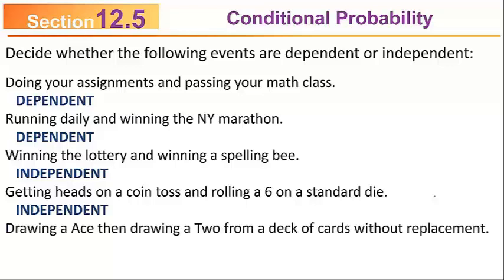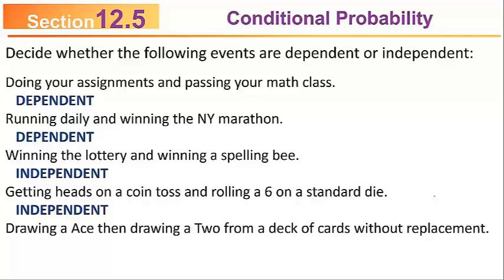How about this? Drawing an ace, then drawing a 2 from a deck of cards without replacement. Now think about this. If you draw an ace out, you don't replace it, and then you draw a 2, that does affect the probability, because since you didn't put that ace back in, you're only drawing from 51 cards the second time.